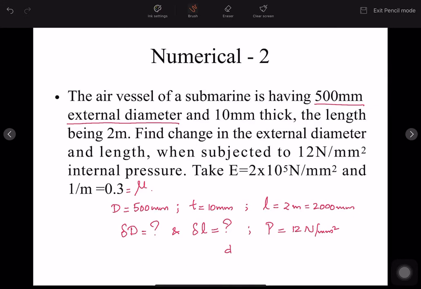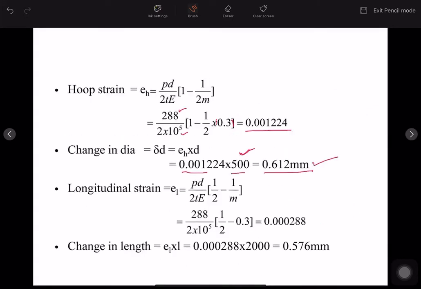So he has asked change in external diameter and length as well. So longitudinal strain, again we have an equation: epsilon L equals PD by 2TE into 1 by 2 minus 1 by m. PD by 2T is 288 by 2 into 10 raised to the power of 5 into 1 by 2 minus 0.3.